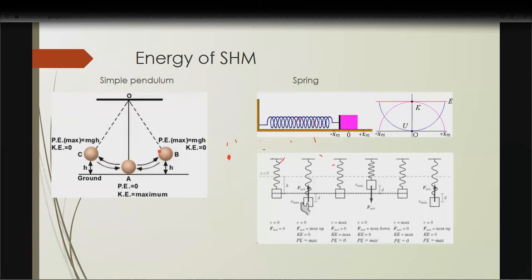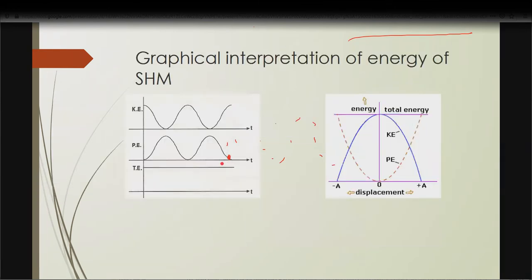Then it has a maximum potential energy and not the maximum kinetic energy. I am discussing a simple pendulum which starts from point A. It has the maximum kinetic energy when t equals 0 and then decreasing. When it reaches its minimum value, the potential energy comes to its maximum value. And again, this one is increasing and this one is decreasing.